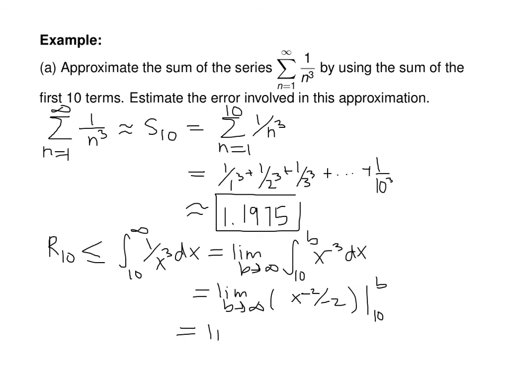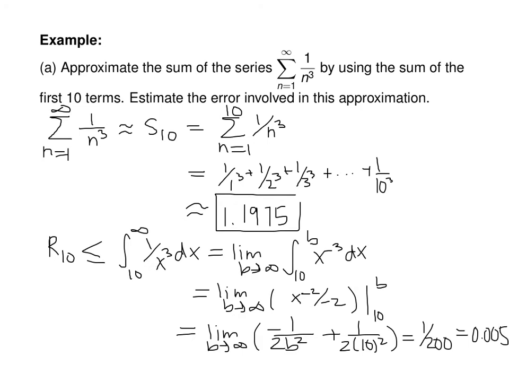So we'll have the limit as b goes to infinity of negative 1 over 2b squared plus 1 over 2 times 10 squared. The negative 1 over 2b squared goes to 0. We'll have 1 over 200, same thing as 0.005. So the error is less than or equal to 0.005.